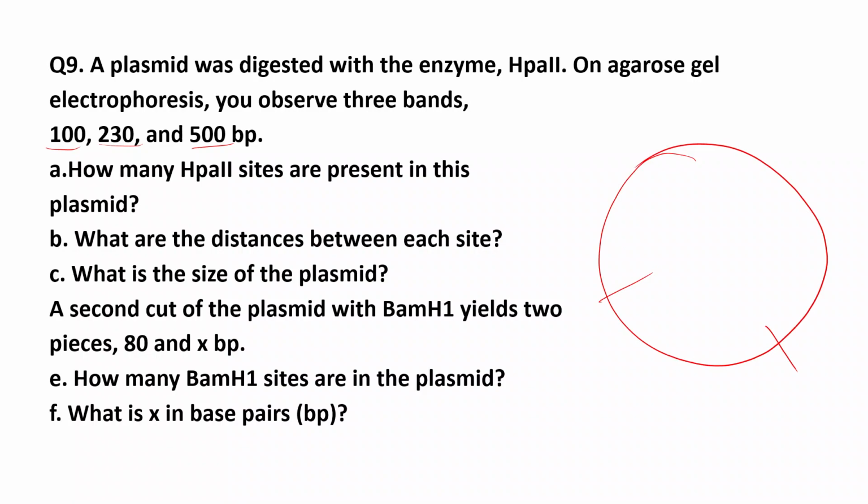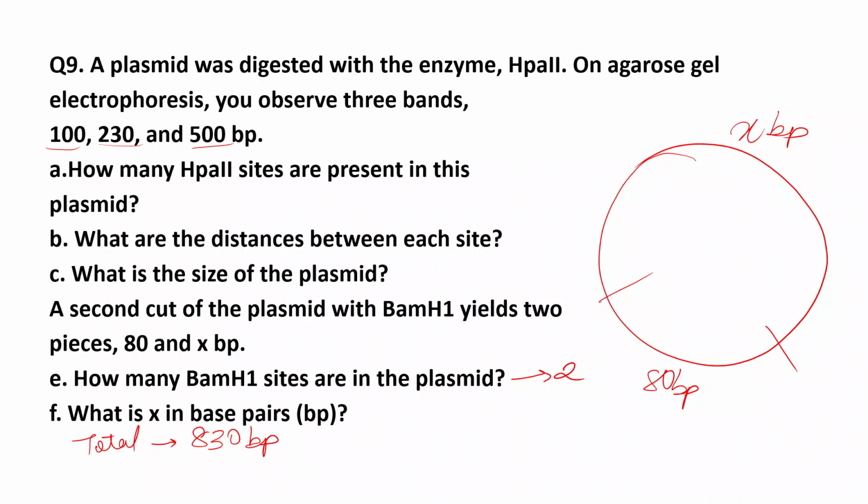So definitely you have an X base pair, and then you have an 80 base pair. So what is the X in base pairs? The total we know is 830.